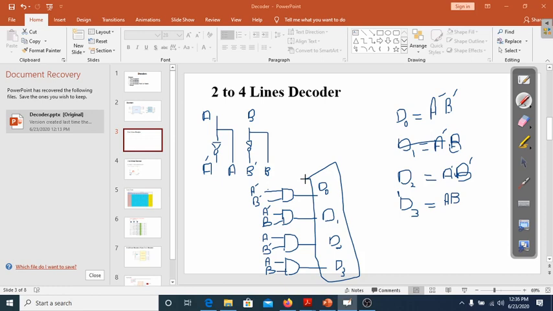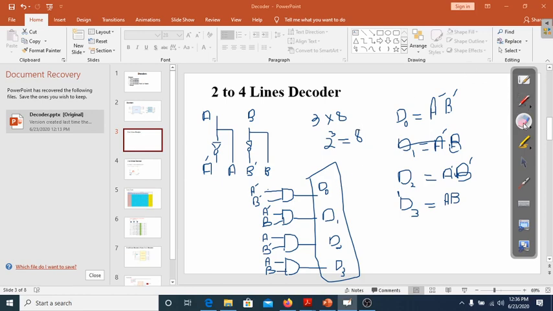So for a 3 to 8 line decoder, we should have 3 inputs, the binary number, and there would be 8 outputs. How? Because for 3 binary bits there are 2 raised to power 3 equal to 8 possible combinations. In this way, by using 3 inputs we can make 8 outputs.